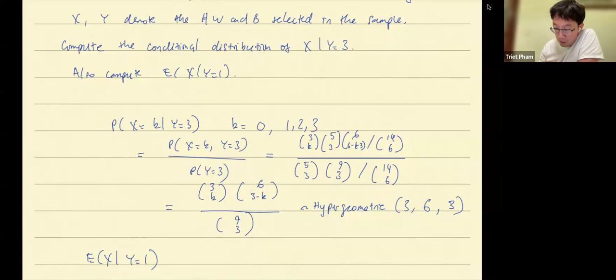Well, the answer is you're not going to be able to do it by definition. You will have to do it by recognition. Of course, they could have done Y equals 3. They do Y equals 1 to see if you understand what's going on. Before you do this calculation, you should recognize that X given Y equals 1 is what kind of distribution?